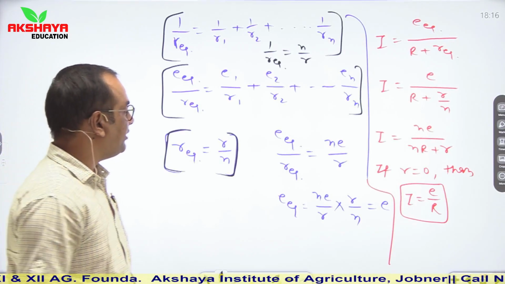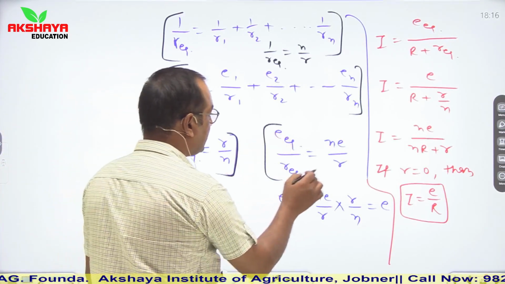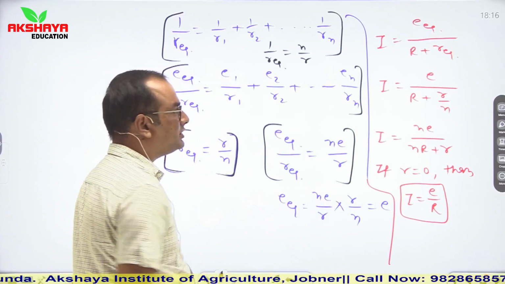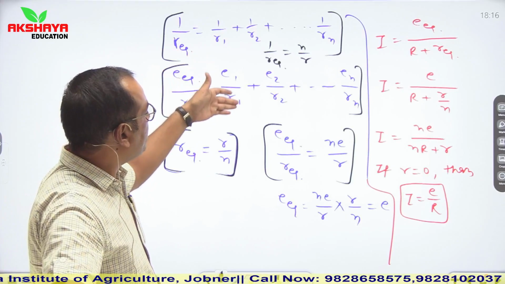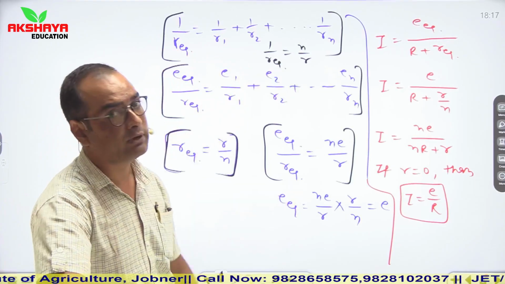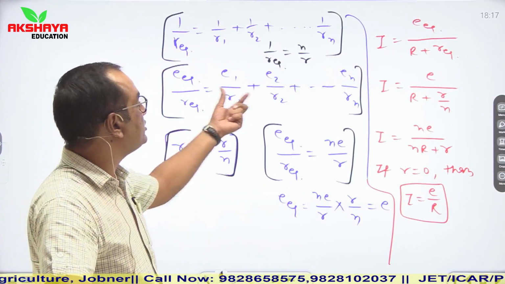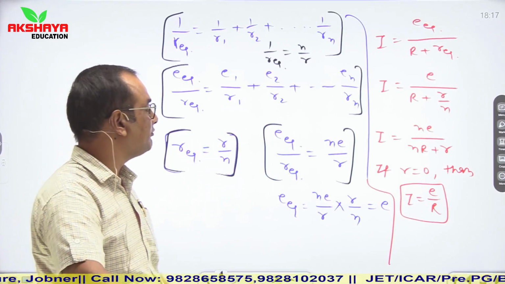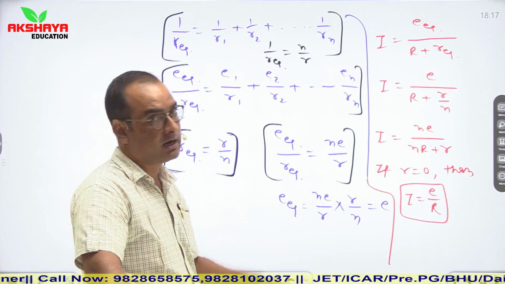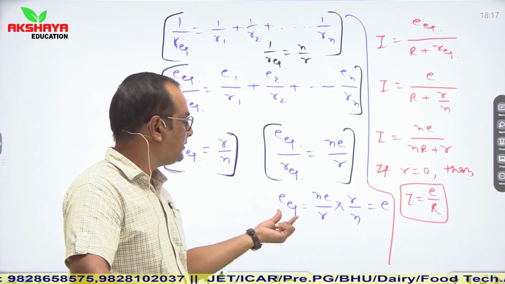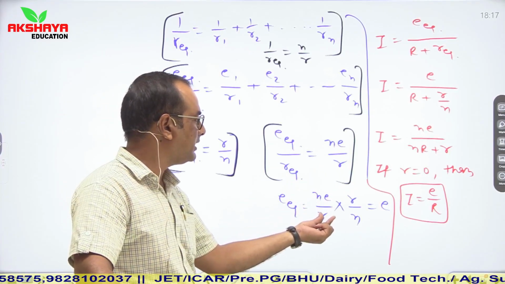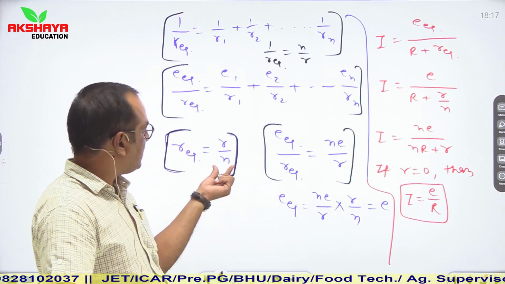And if we calculate the value of E equivalent upon R equivalent in this condition, from this relation, E upon R plus E upon R plus E upon R. If we add all these values n times, our relation will be equal to nE upon R. So if I place the value of R equivalent, then E equivalent is equal to nE upon R into R equivalent, which is R upon n.